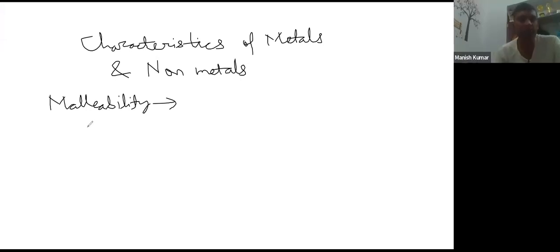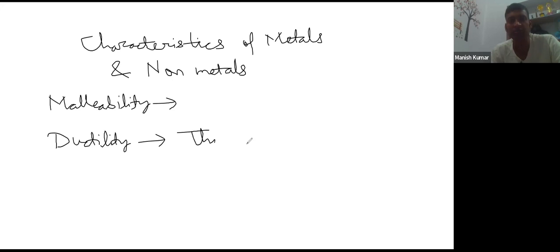Ductility is that it can be reshaped into thin wires, isn't it? This is the word that you have to mention. Malleability, we can reshape it into thin sheets, by hammering or whatever it may be.